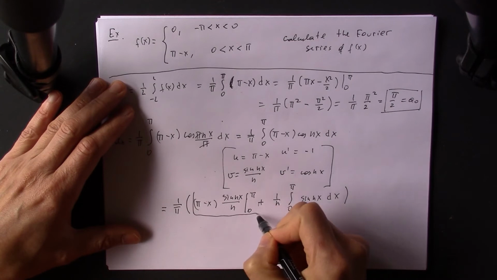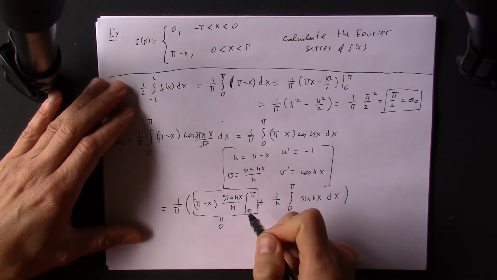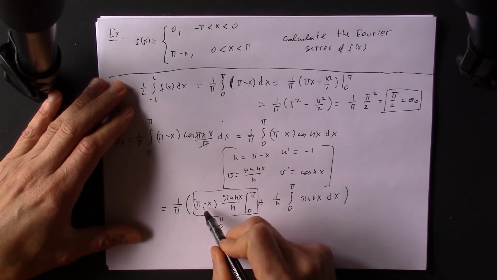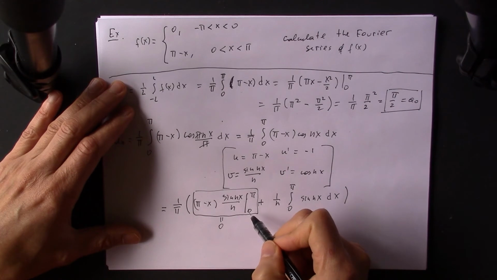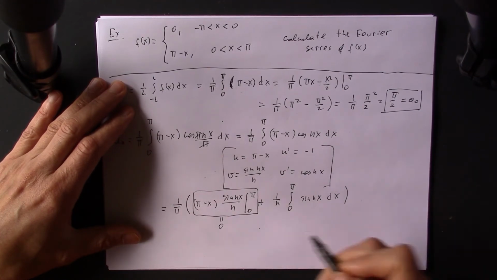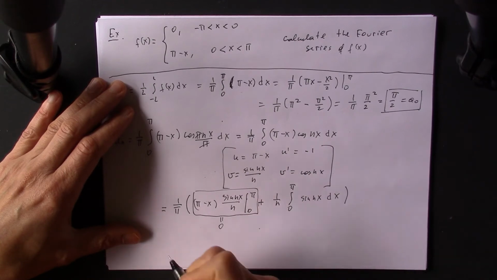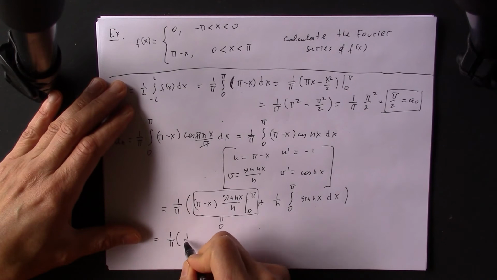Notice that this equals 0, because when we substitute pi for x, we get pi minus pi, which is 0. Sine of 0 equals 0, so once we substitute x equals 0, we still get an expression equal to 0. So that expression equals 0, so we can ignore it.